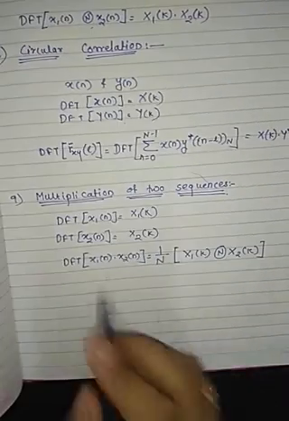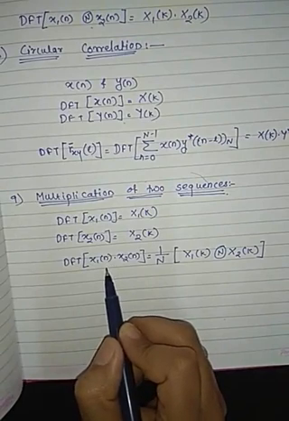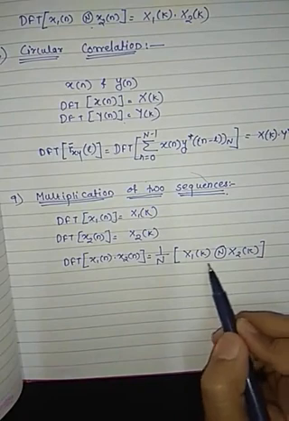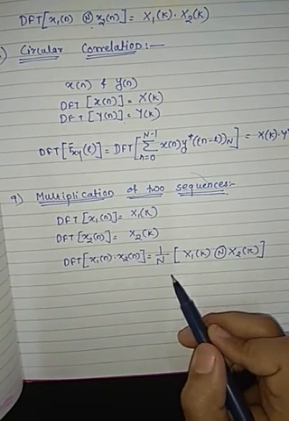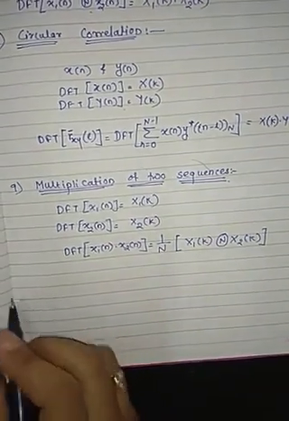So to find the DFT of the multiplication of two sequences, we just take the circular convolution of the two individual DFTs and multiply it with 1 upon N. That is the multiplication of two sequences.